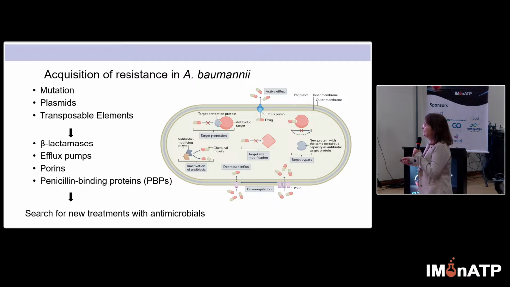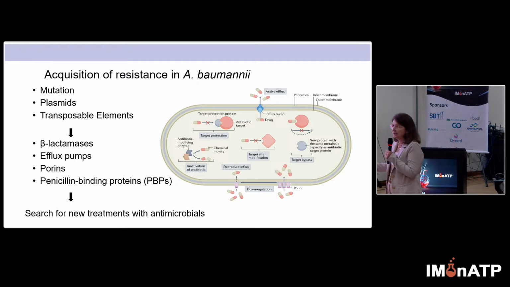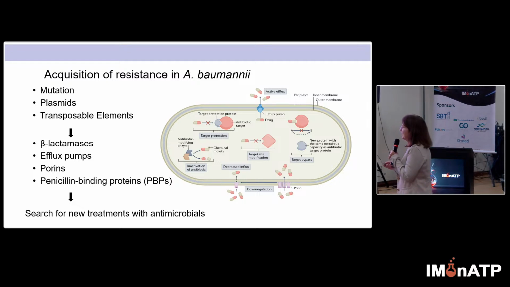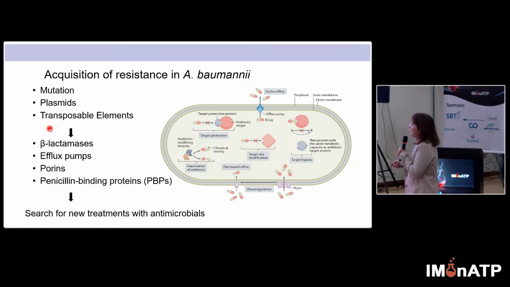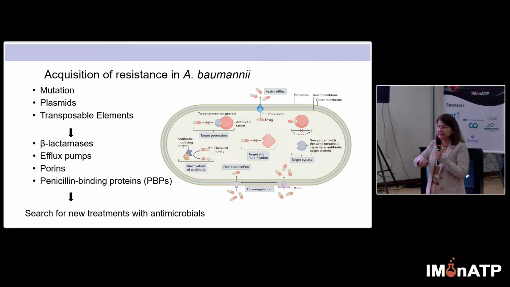It can be the acquisition of plasmids that come from the environment, from other bacteria by conjugation, or acquisition of transposable elements. And then plasmids and transposable elements are transferred horizontally. It's an important way to get resistance to antibiotics.